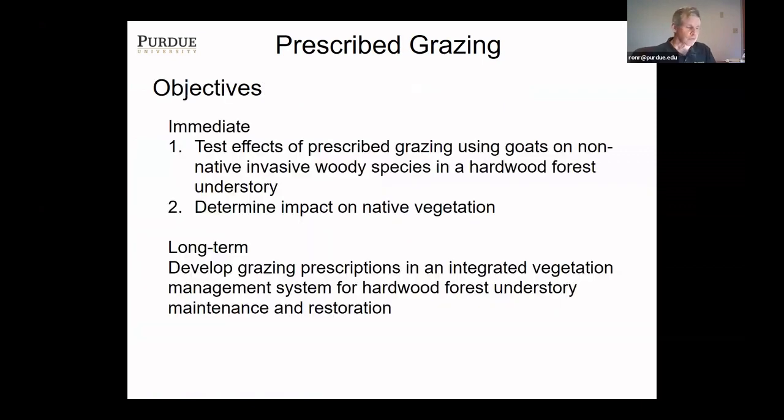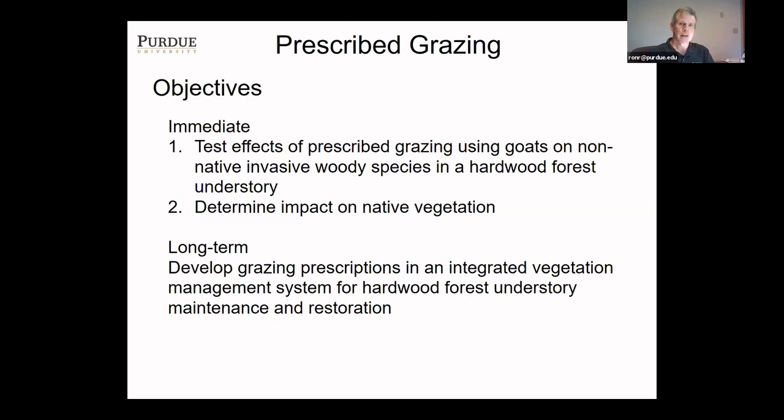And so in the initial trial that we established, we wanted to begin testing some of the parameters that can be adjusted, such as stocking rate and number of grazings per season.